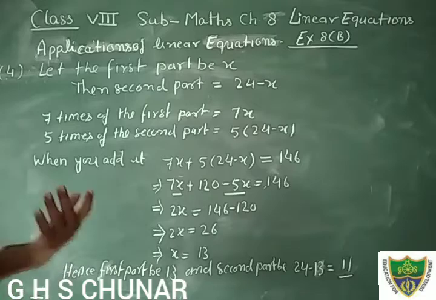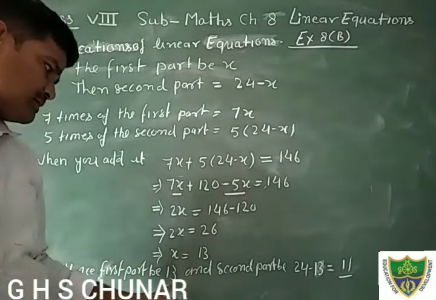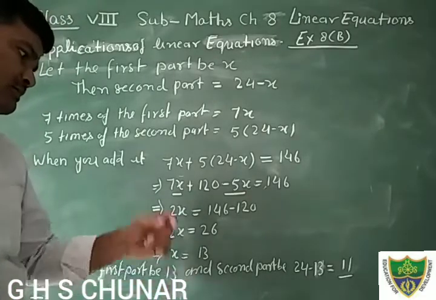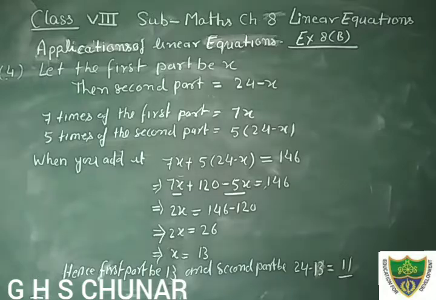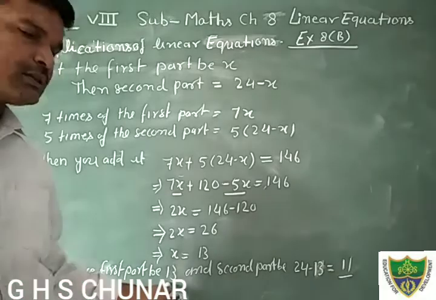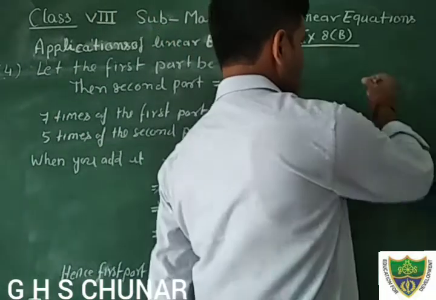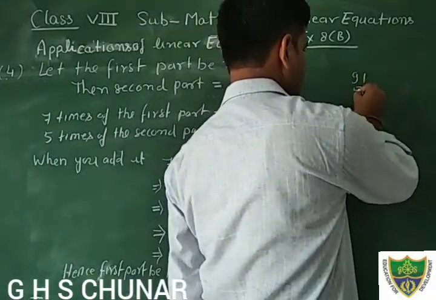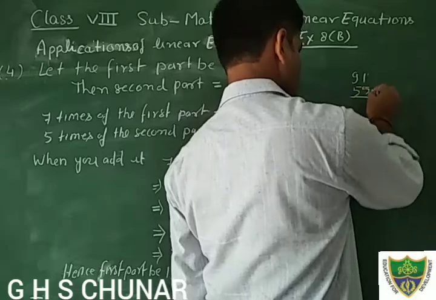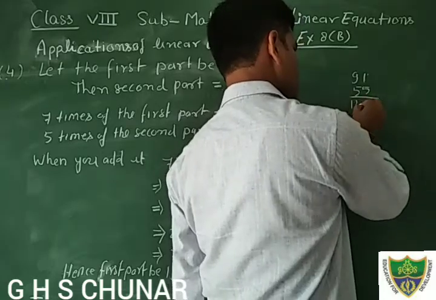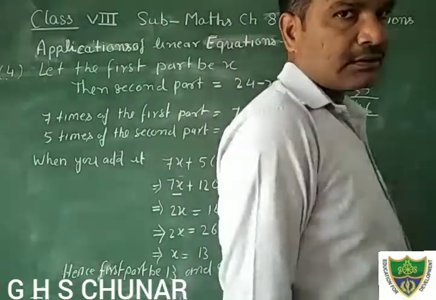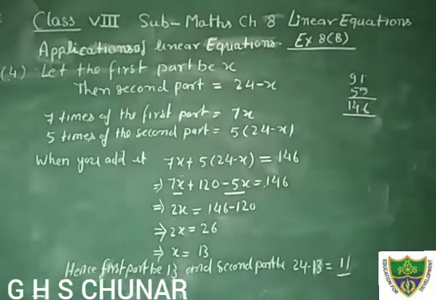Now you can check: 7 times the first part, 13, so that is 91, and 5 times 11 is 55. 91 and 55 make 146. Okay, that's clear. So you note it.